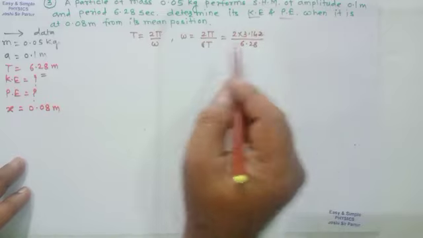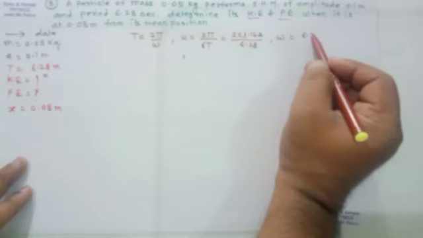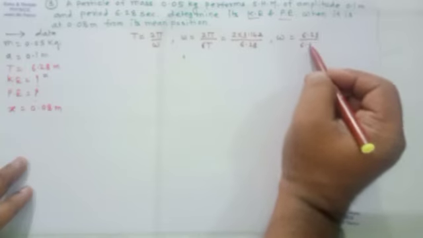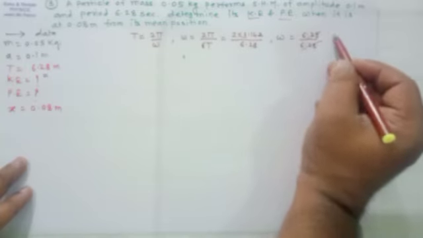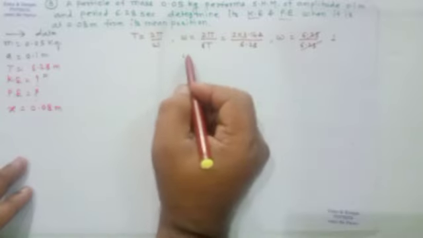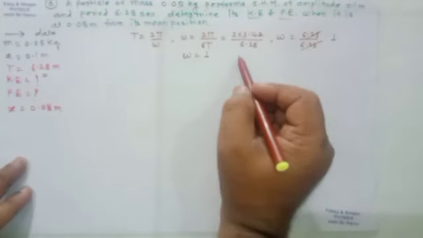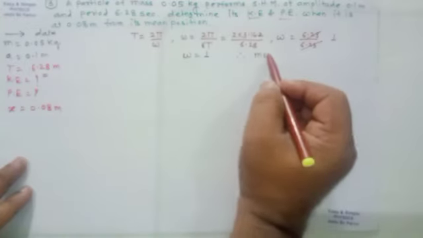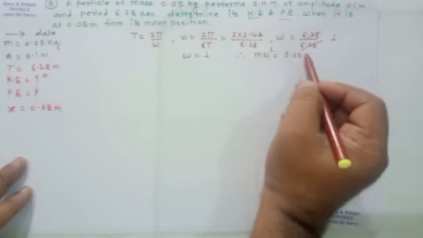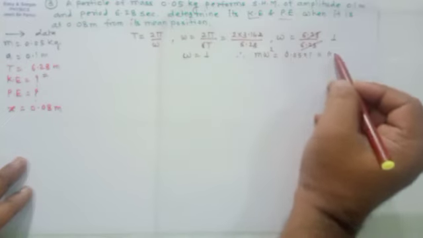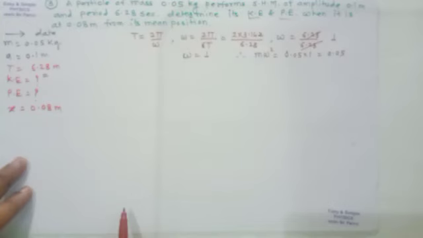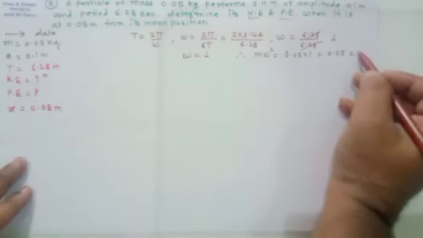Again, if we divide, 6.28 divided by 6.28 gets cancelled, it is 1. So omega will be 1. Mass is there, so we can find m omega square will be 0.05 multiplied by 1, that is 0.05. That will be the value of K.